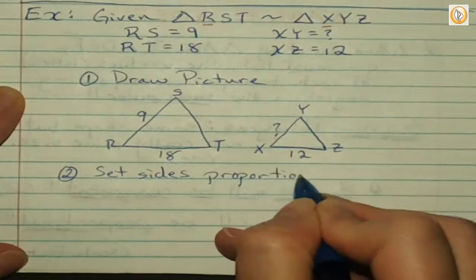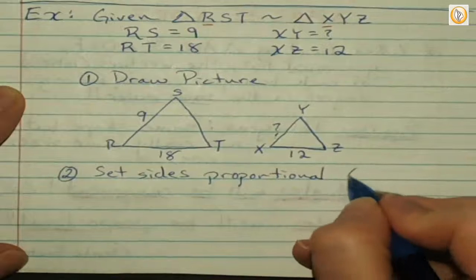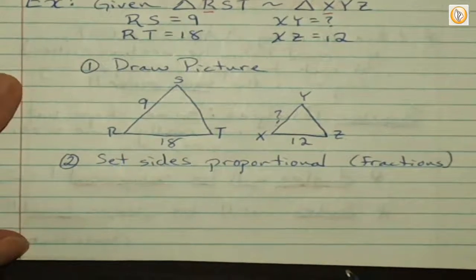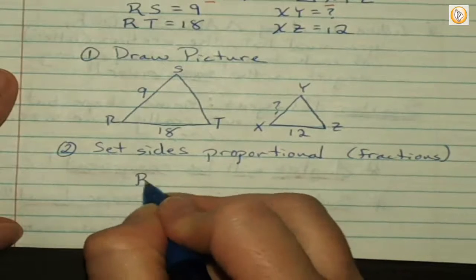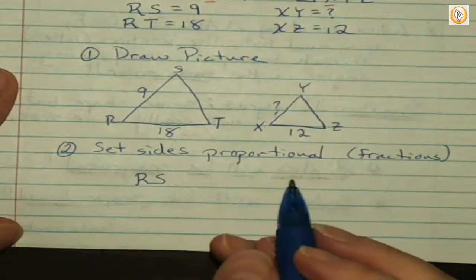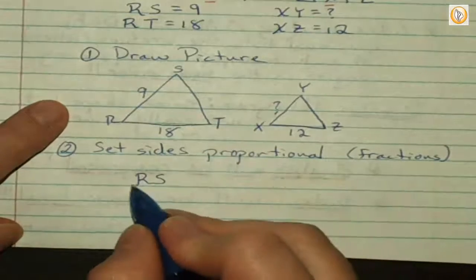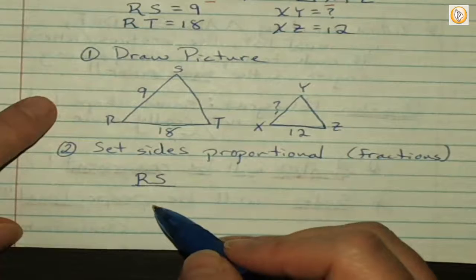No? Okay. Set sides proportional, meaning we're going to do the fractions. So RS, we're going to put the larger one on top. What do we put on the bottom, Cecilia?